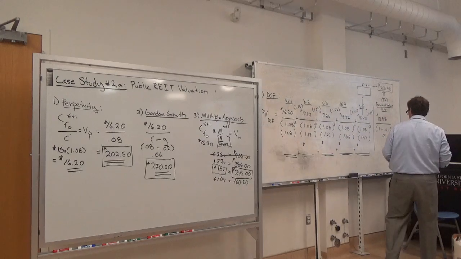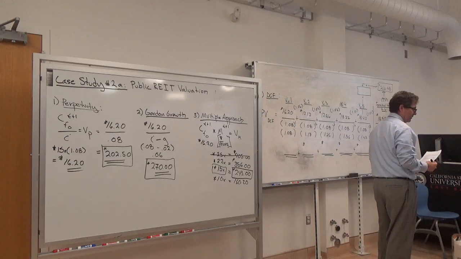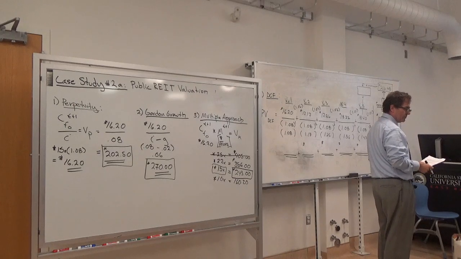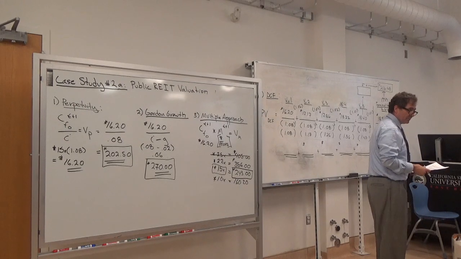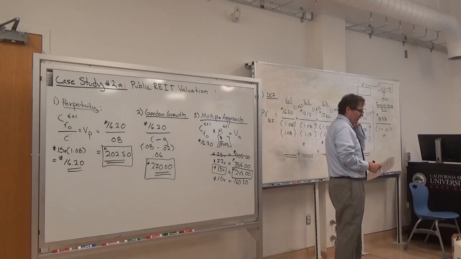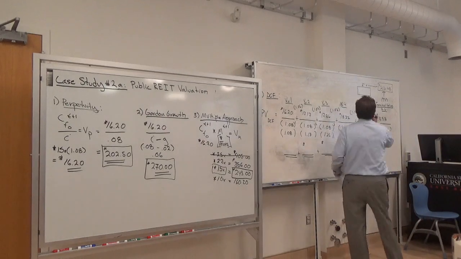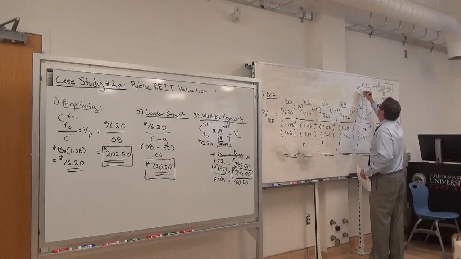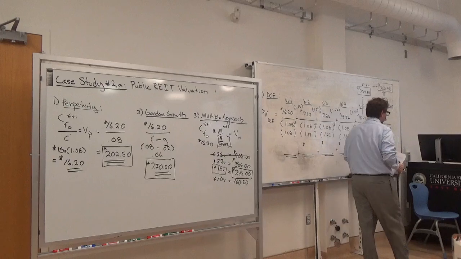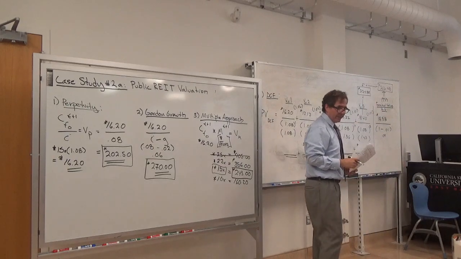So what's 206.48 plus 1840? 224.88. Is that right? Yeah.